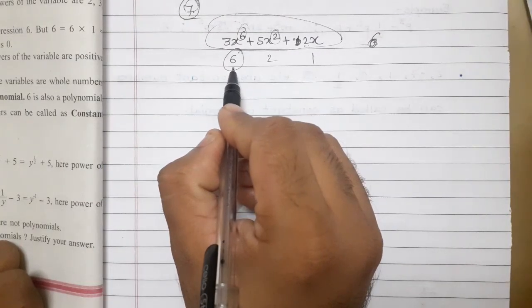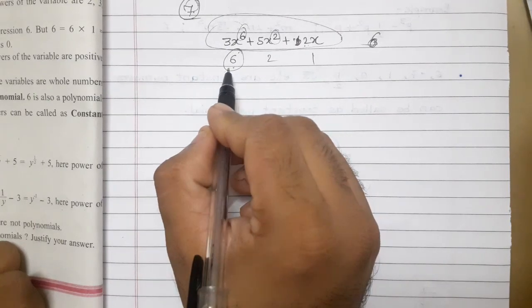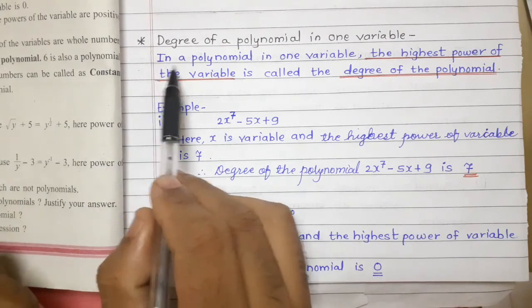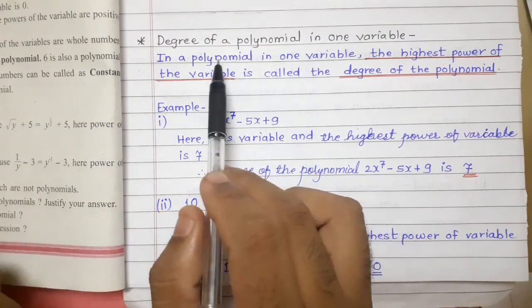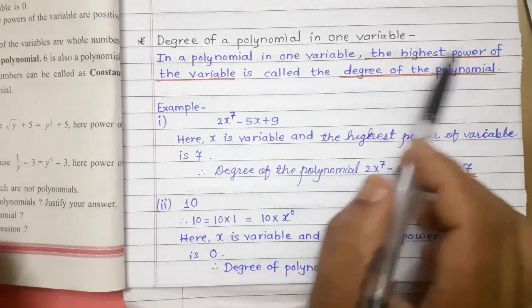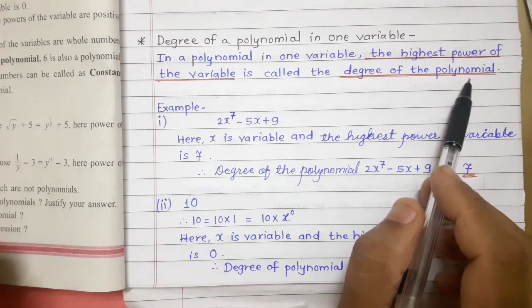In a polynomial in one variable, the highest power of the variable is called the degree of the polynomial.